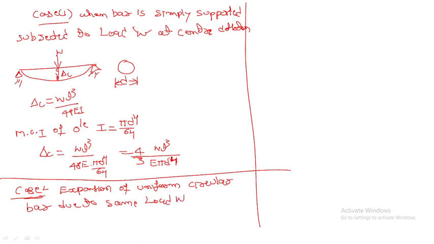That is W. For example, this is a circular bar, right? And this is W, and this one also W.